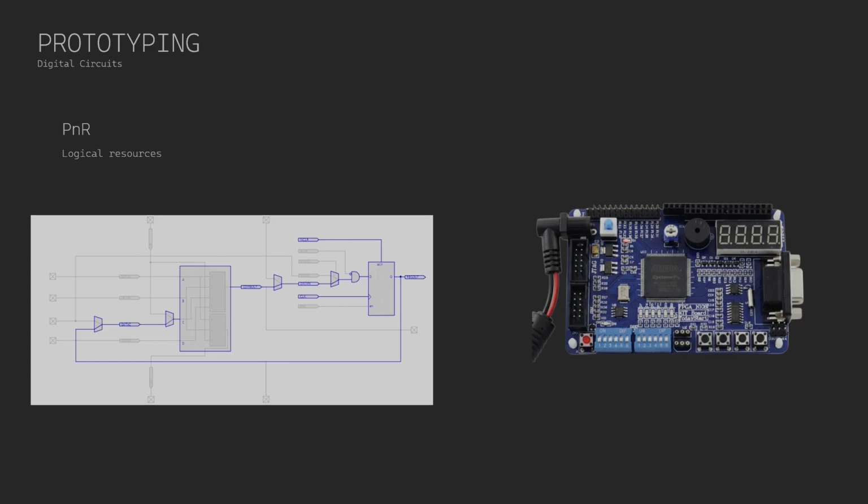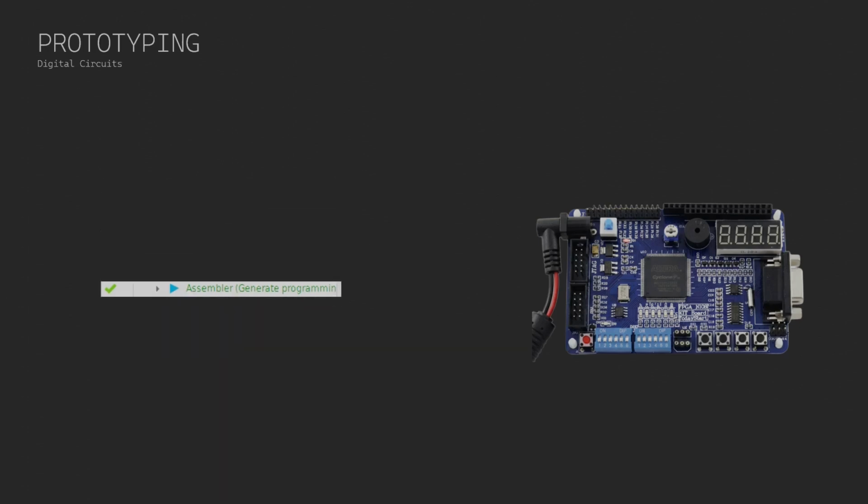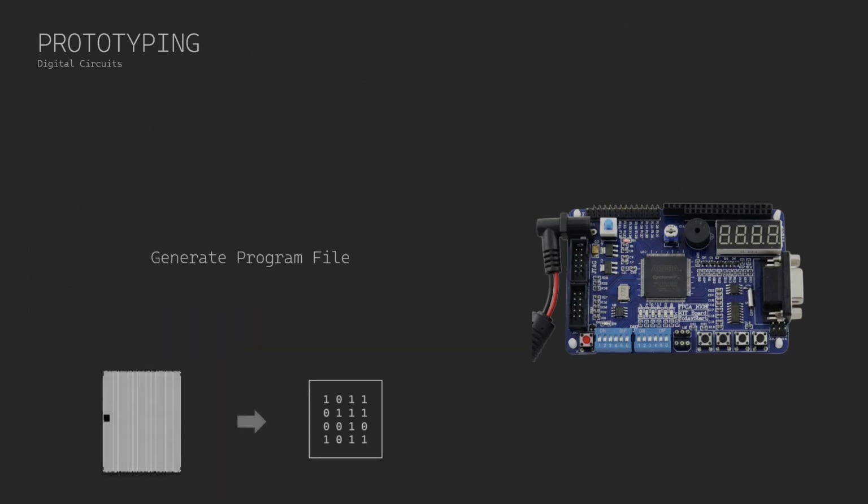Now, let's move further into generating the program file for the FPGA. After successful PNR, the tool will have the details of where to enable LUT, register, and routing resources on the FPGA chip. This information will be encoded into a binary file. We will be dumping this binary file from our personal computer into the FPGA board to realize our intended circuit in the FPGA.